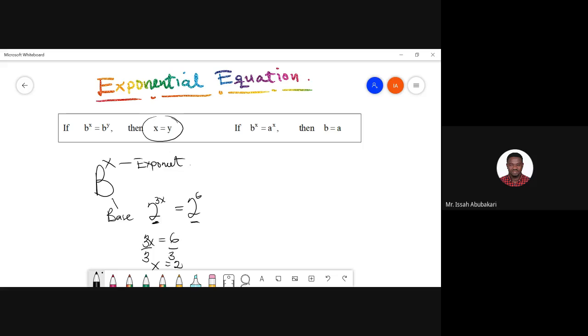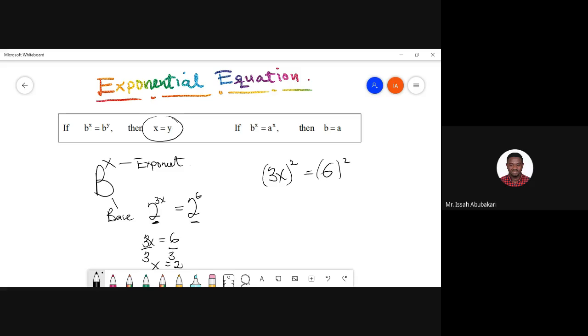Is that okay? That's the first part. The second part says that when the exponents are the same, then we equate the bases. Using the same example, we have (3x)^2 = 6^2.